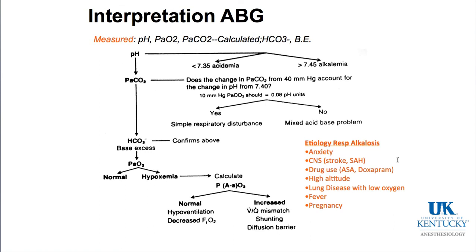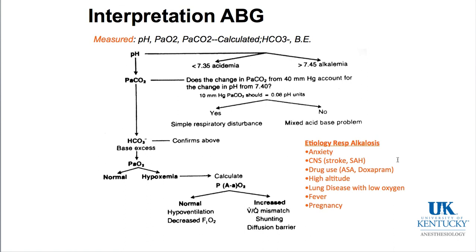When you look at your pH, which is a measured product, we will first determine, are they acidemic, less than 7.35, or alkalemic, greater than 7.45, and does the change in PCO2 represent the change that's occurring in the pH.